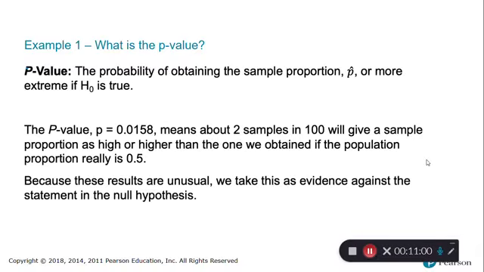Okay, so in our example, we got a p-value of 0.0158. So if we had 100 people, we could multiply that by 100, it rounds up to 2. So that would mean that about 2 samples in 100 will give a sample proportion as high or higher than the one we obtained if the population proportion really is 0.5.